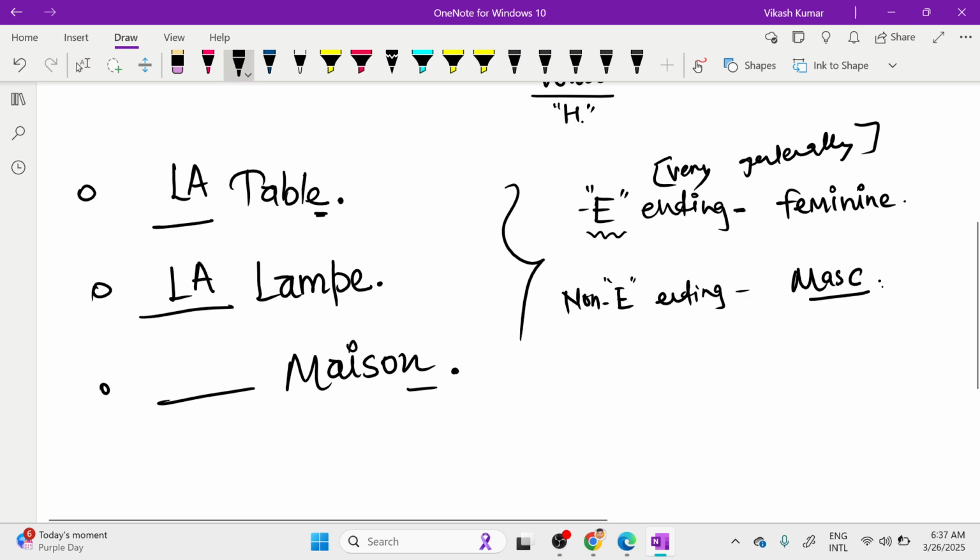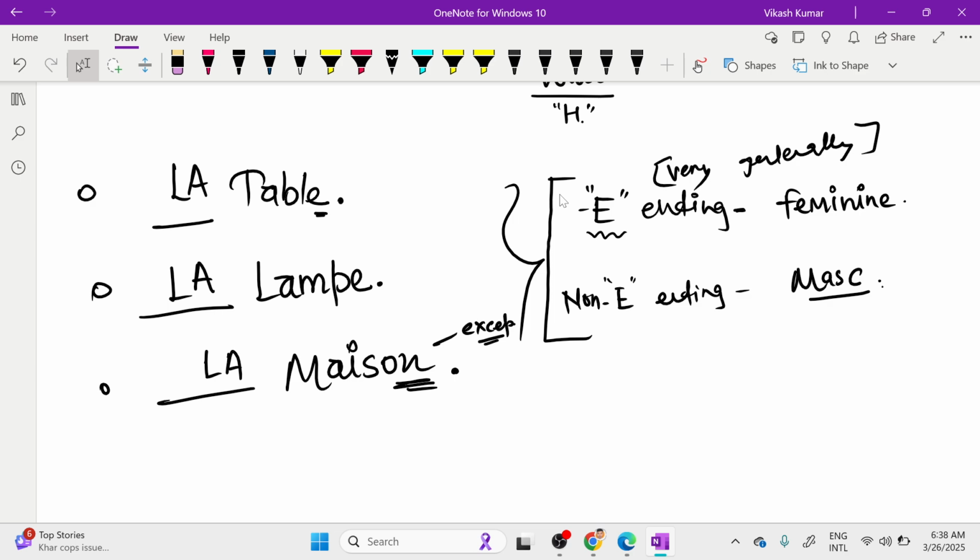It should be generally, but this is the exception. It's still feminine, la maison, even though it does not end with E. So there are exceptions, but don't worry. Even if you go with this first rule I told you, you'll still get more than 70 or 80% score just by following this basic rule as a beginner.